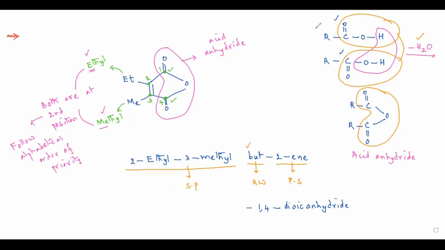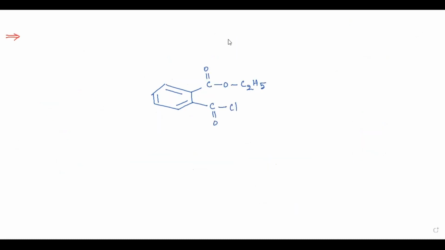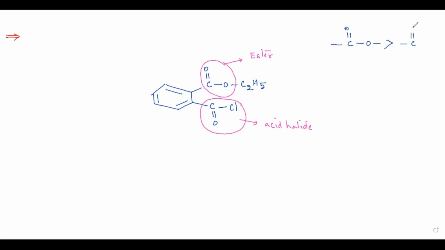So this is a very important example. Coming to this, there are 2 functional groups in this. This one is called ester, and this one is acid halide. Now, if we check the priority order, esters are senior to acid halides.